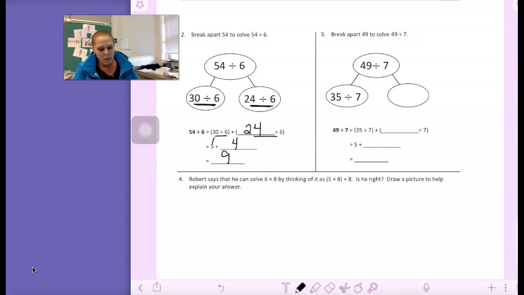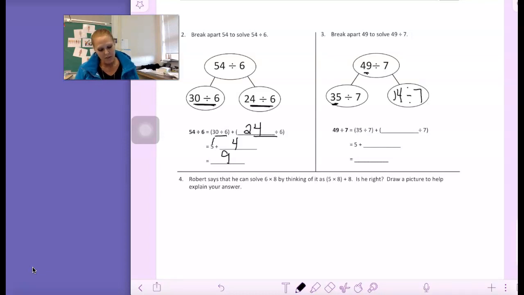So if we do 49 divided by 7, if we take our 5 fact out, 49 minus the 35, we are left with 14 divided by 7, because you take 35 from 49. That's tough, isn't it?